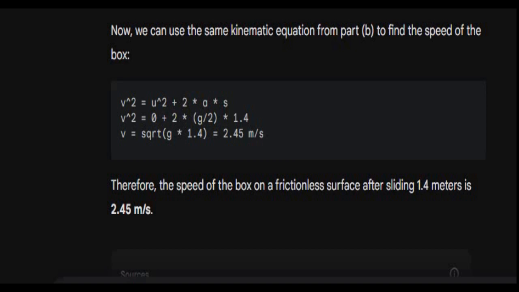V² = u² + 2as. V² = 0 + 2 × (g/2) × 1.4. V = sqrt(g × 1.4) = 2.45 meters per second. Therefore, the speed of the box on a frictionless surface after sliding 1.4 meters is 2.45 meters per second.